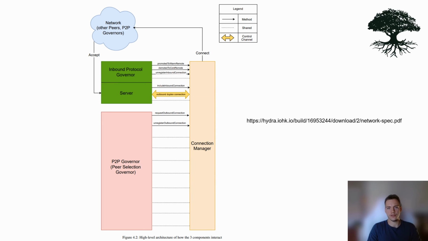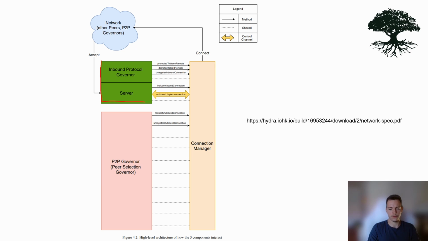Here is a diagram from the network specification document for Cardano node that illustrates how these components work together. So you might first notice that the inbound protocol governor and server are kind of grouped into one component.